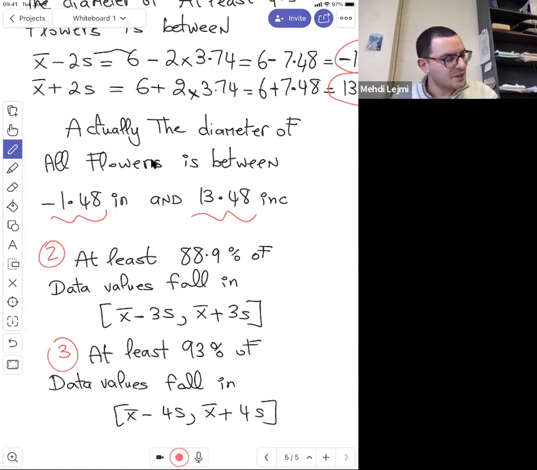As you can see, when you change the percentage of your data values, here it's 88.9% and here it's 93%, you increase the distance from the mean. Here the distance from the mean is three times the standard deviation. Here it's 4 times the standard deviation. Anyway, let me write down now the theorem.